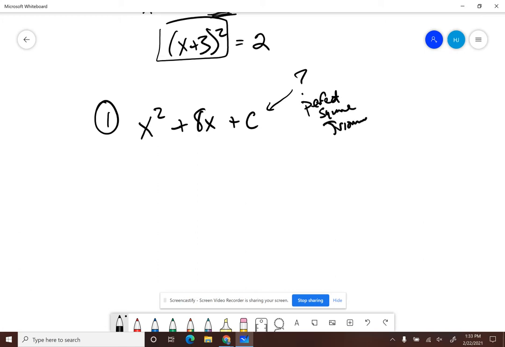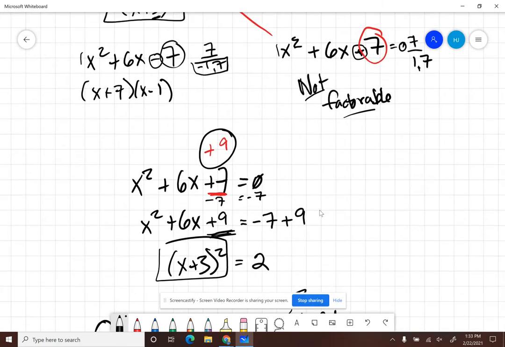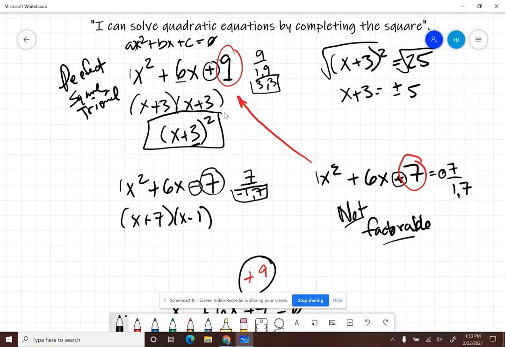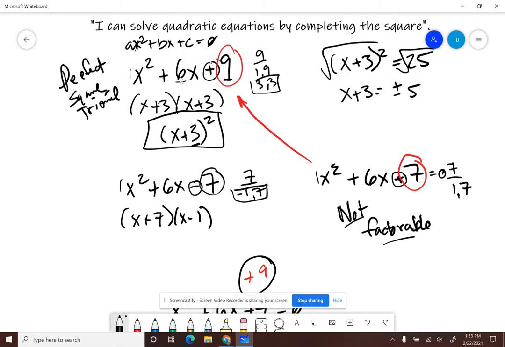You'll remember when we looked a little bit ago, we said that we would take this b term, whatever it is, take half of it or divide it by 2, and then square it, and it will give us this. So let's think about this as kind of a formula.